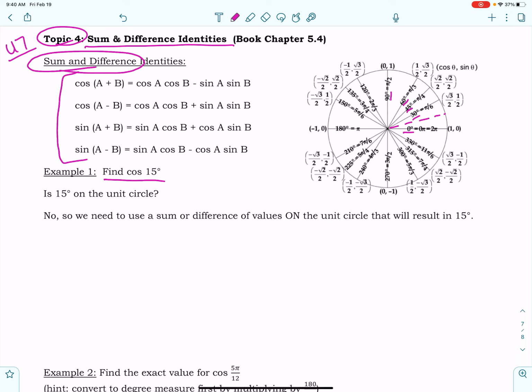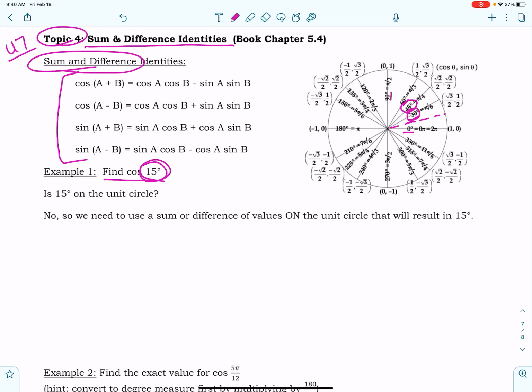Well, I'm no math genius, but adding two values to get you 15 is going to involve a negative and a positive. So I would go with subtraction here because it's probably pretty obvious to most of you that 45 minus 30 gives you 15, and both of those values occur on the unit circle. So I want to find values on the unit circle that either add or subtract to give me what I'm looking for, and that way I can rewrite it in an exact value.